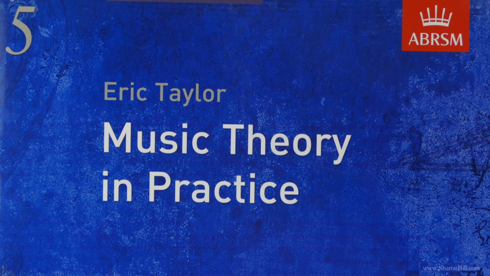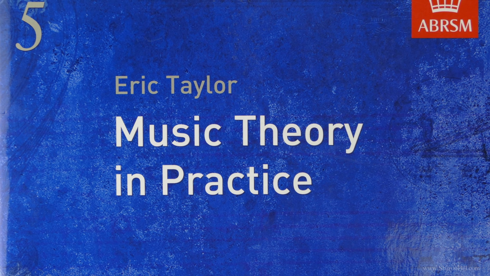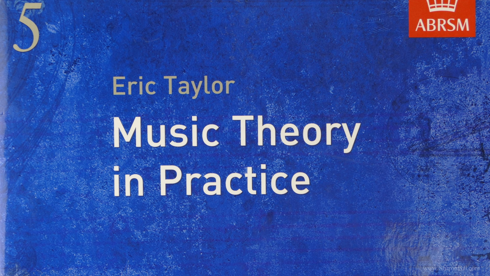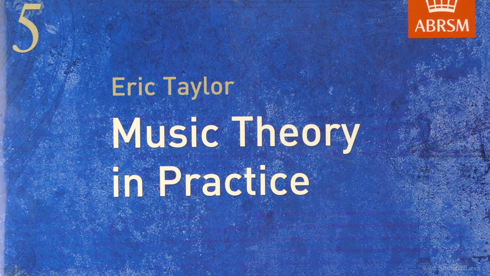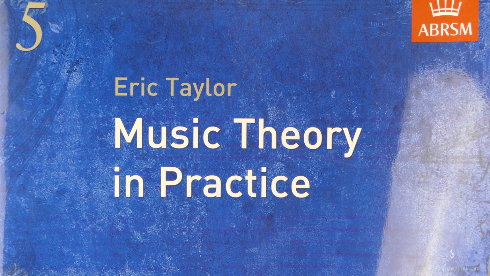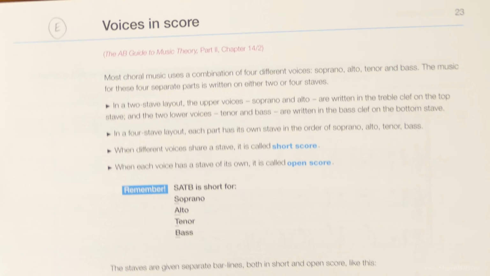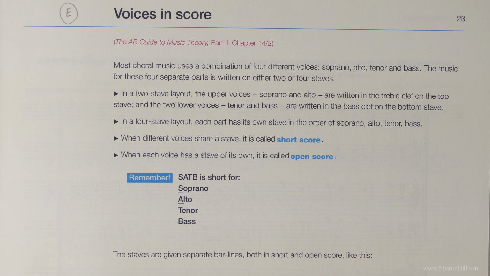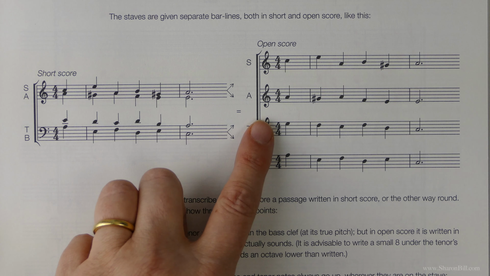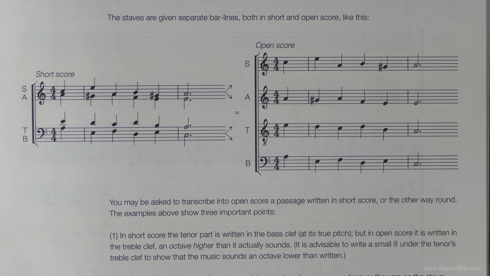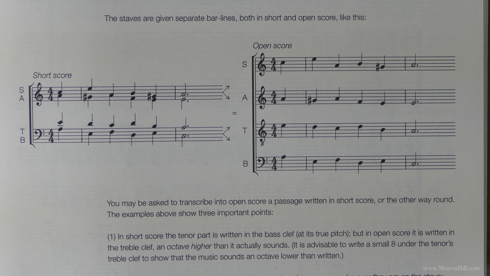From 2018 onwards, ABRSM have revised the exam syllabus, and I'll just show you which sections are affected. So if you turn to page 23, the subject of voices in score, where you're looking at short score and open score choral pieces, this no longer appears in the exam.